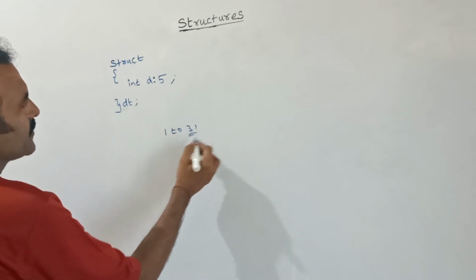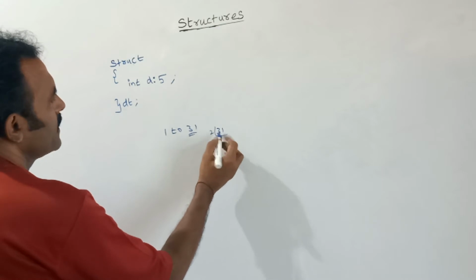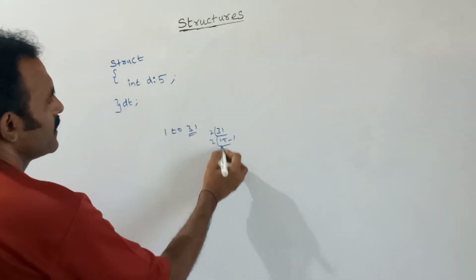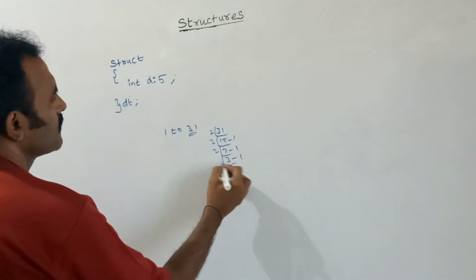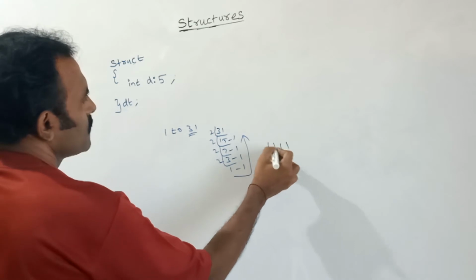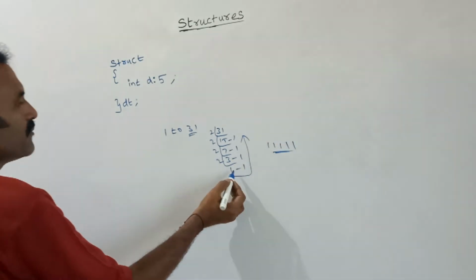If I am storing 31, then if I am converting this to binary, these values will be stored in the memory. So 5 ones. So here, how many bits do we require at maximum?